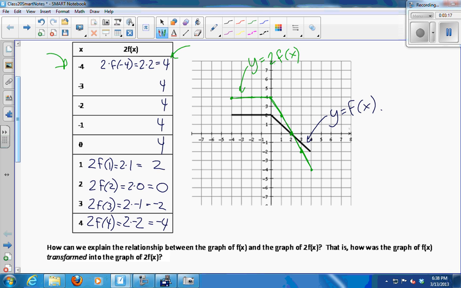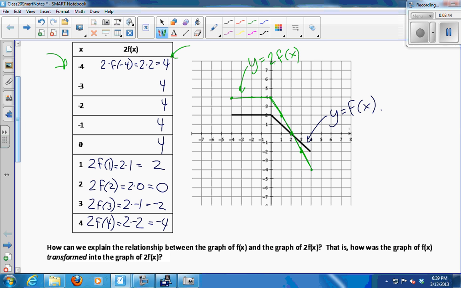So how would you describe the transformation that took place? How could you take the graph of f of x and transform it into the graph of 2 f of x? How are those two pictures related to each other?